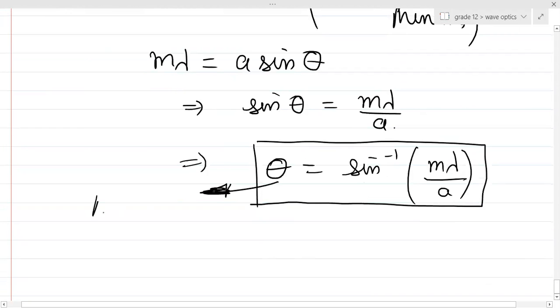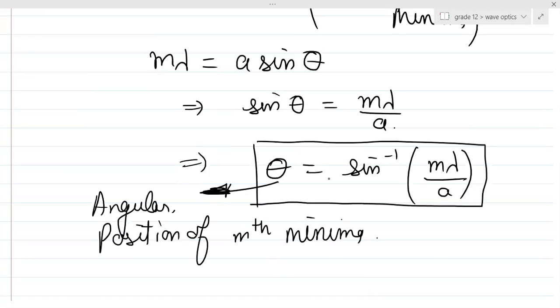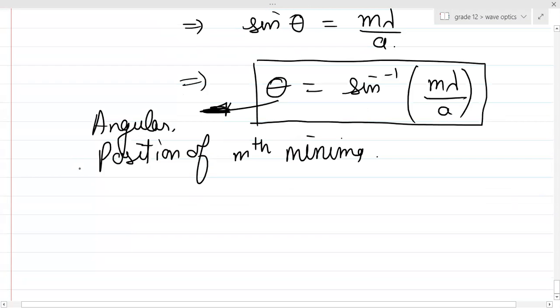This is basically the angular position of mth minima. This is the angular position of mth minima. Okay? Did you understand this, guys? This is the derivation which is given in your school notebooks.